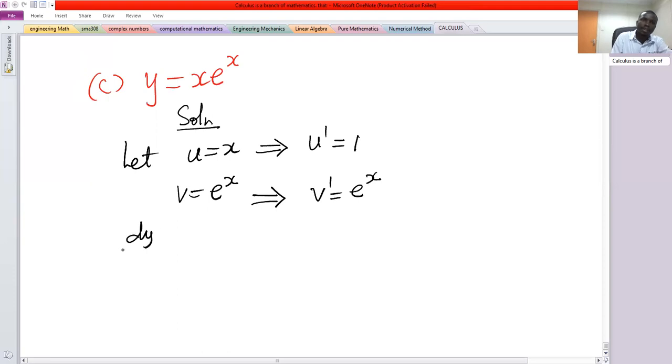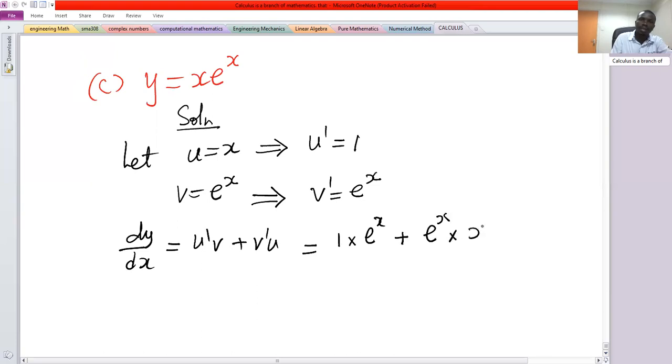So dy dx is given by u prime v plus v prime u, which will be u prime is 1 times v is e raised power x plus v prime is e raised power x times u is x.